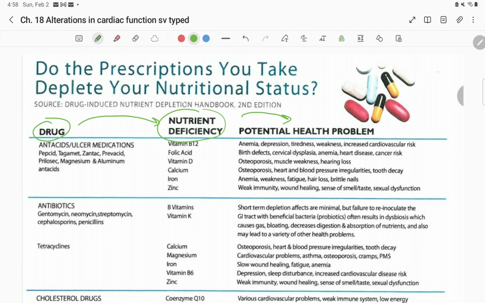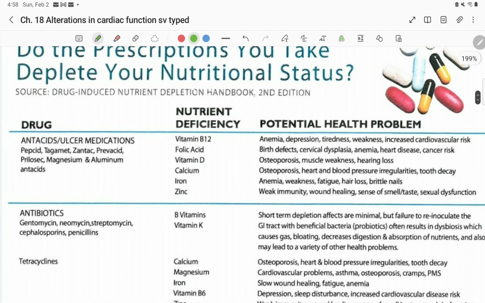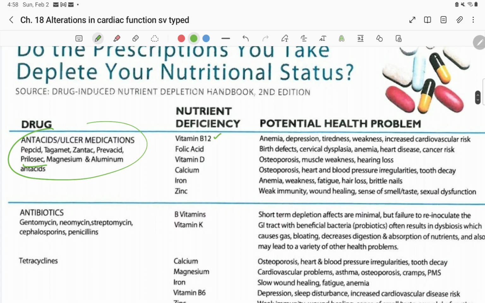If you are on an antacid like Prilosec, for example, we read this together, and I tell you, because you're on this medication, B12 deficiency, and here's what that causes: anemia, depression, tiredness, weakness, increased cardiovascular risk. It also causes a folate problem, which can cause birth defects, heart disease, cancer risk, and vitamin D deficiency.